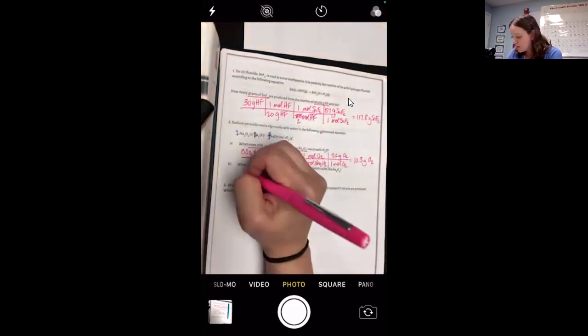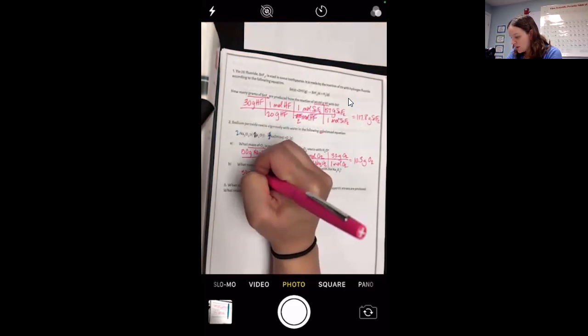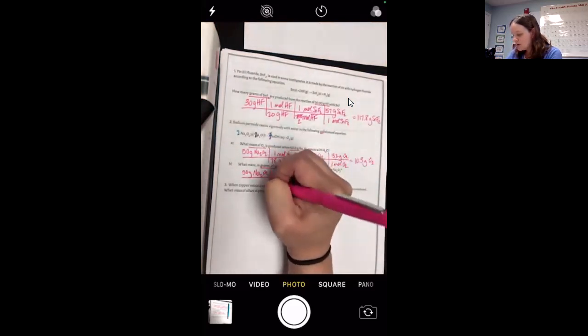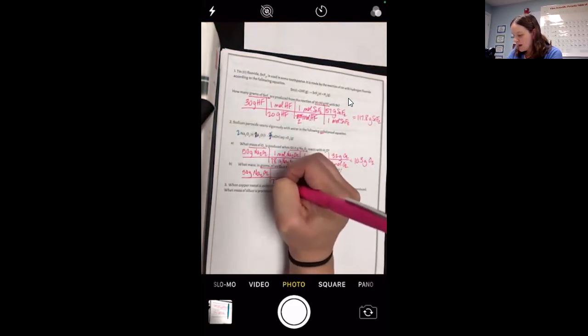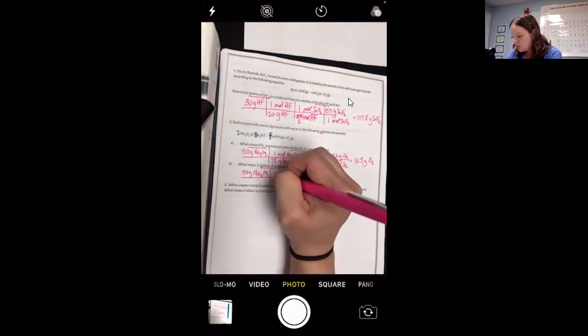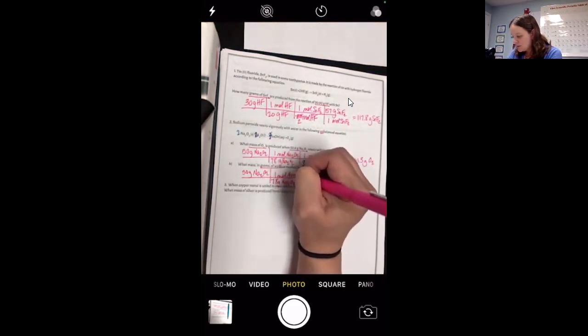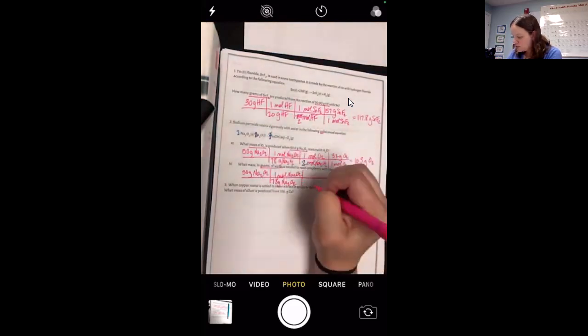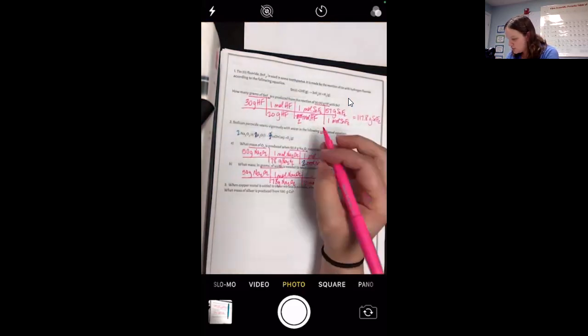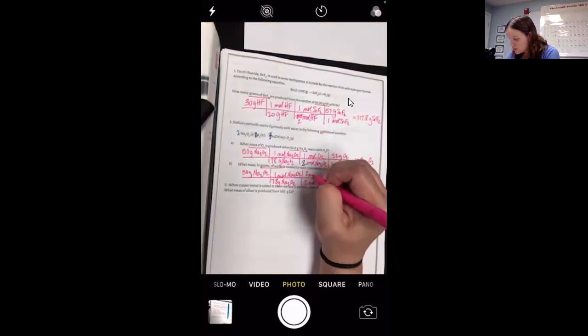Okay, so again, I start with my 50 grams of Na2O2. The mass of that is 78 grams in 1 mole. I have 2 moles to, let's see, 2 moles.